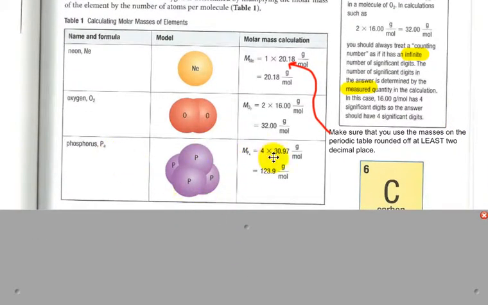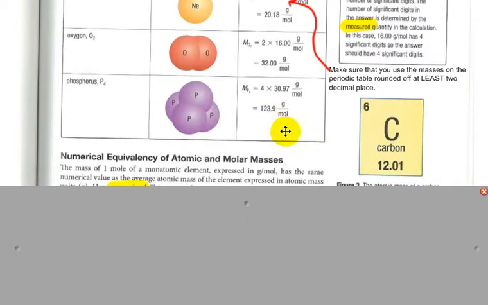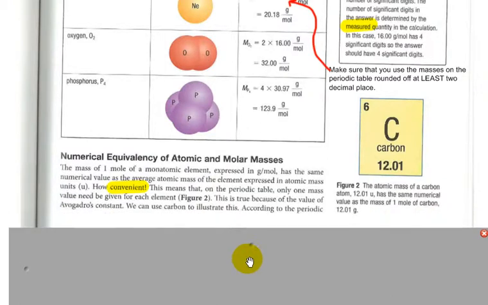Phosphorus, which is made up of 4 phosphorus atoms, just simply take the mass of 1 phosphorus atom, multiply it by 4, and we get the answer, 123.9 grams per mole. And when pulling those masses off the periodic table, I tell everyone to go at least 2 decimal places when reporting that number.